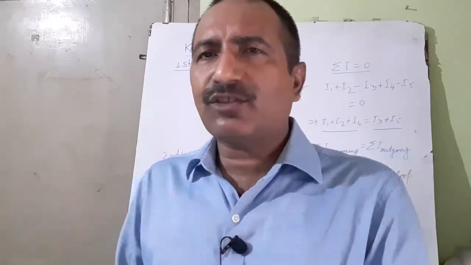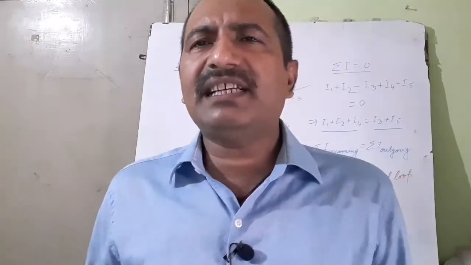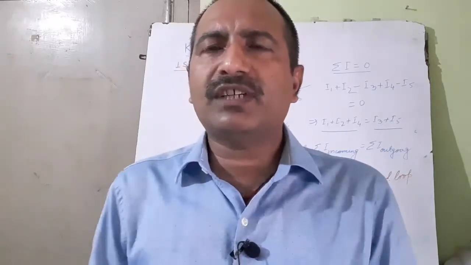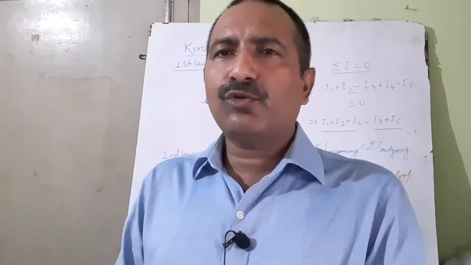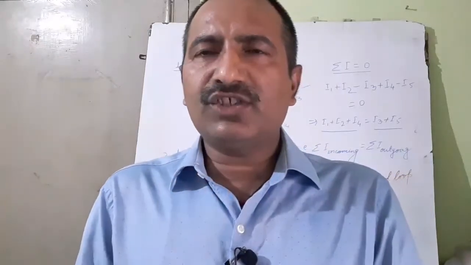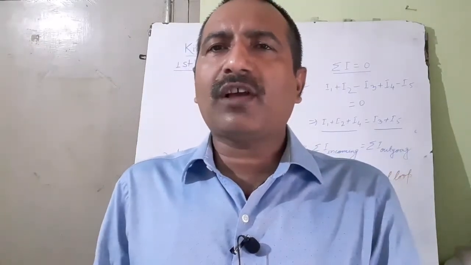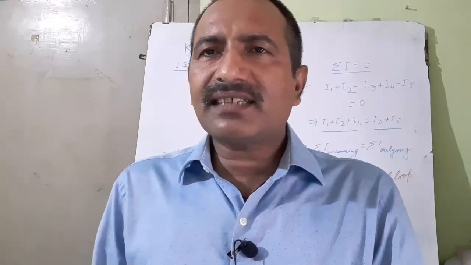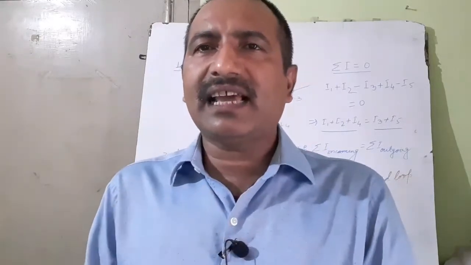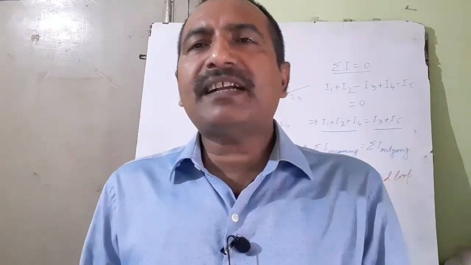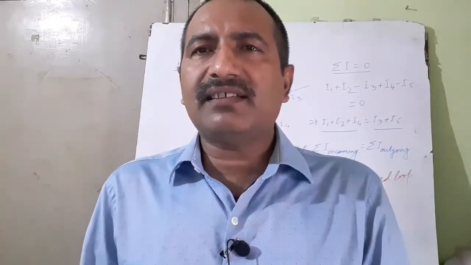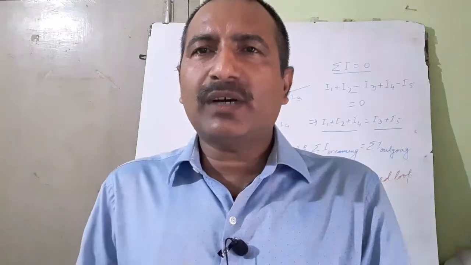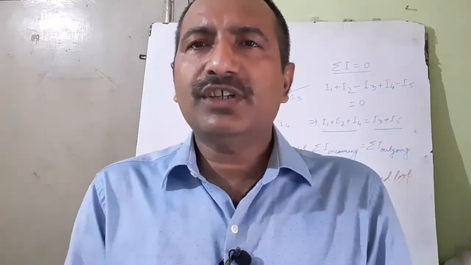Other conventions are also there, means there can be many conventions available in different books, and different teachers will also teach you in different ways because there is no universal convention. Okay, and this convention is not to be written in the exam. So it depends upon you which convention is easy to understand, easy to use.